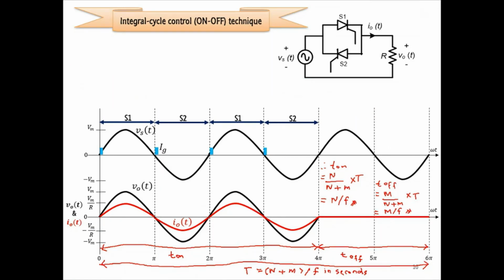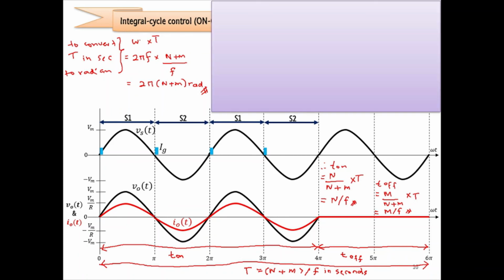Next, we can convert the T value to radian by multiplying T with omega. Eventually, we can calculate the RMS output voltage using the following equation.